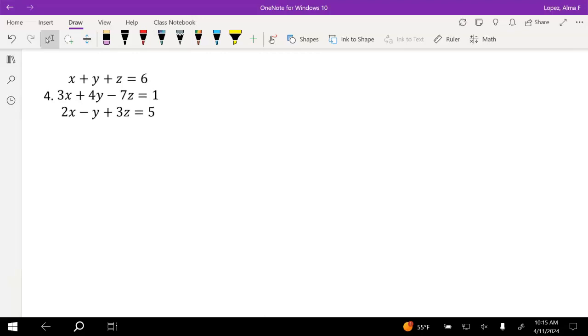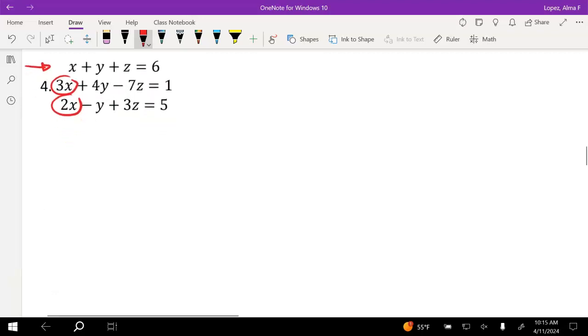Number 4. Now we're on our 3x3 systems. And we've got the perfect x right on top there. I'm going to use that first equation as a pivot to eliminate the x values in the second and third rows. Since the first equation is a pivot, I'm going to write it down because pivots do not change.